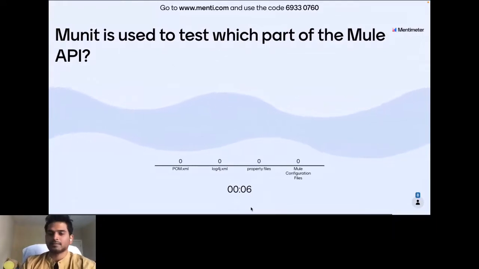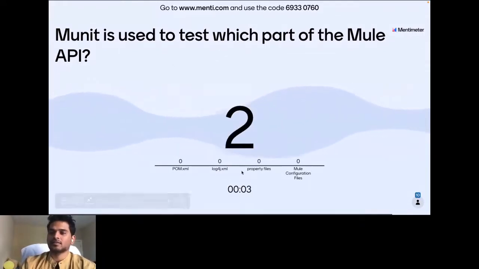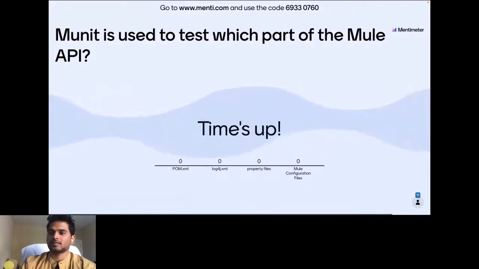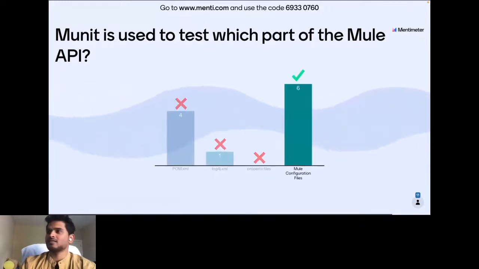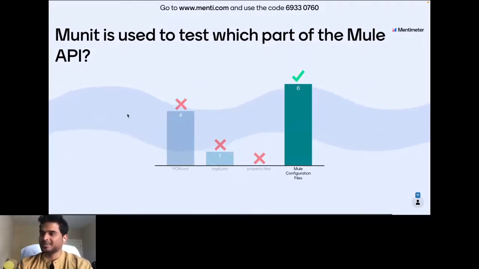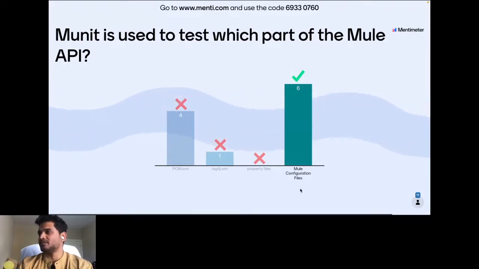Which of these? Oh, configuration files. So all the flows are present in the Mule configuration files, so we are testing that using MUnit.